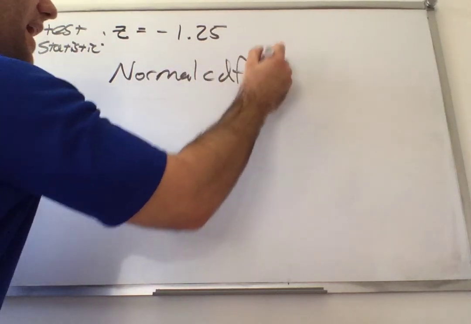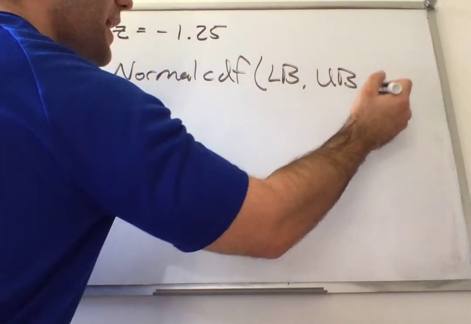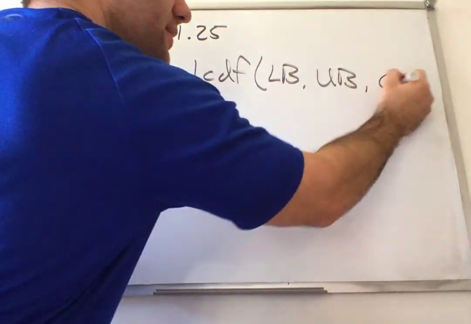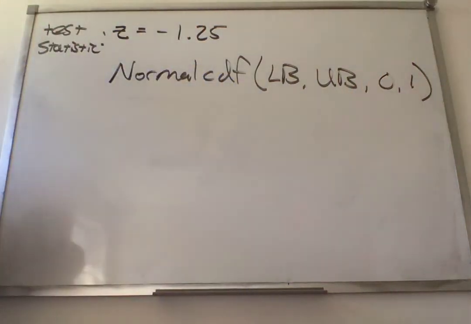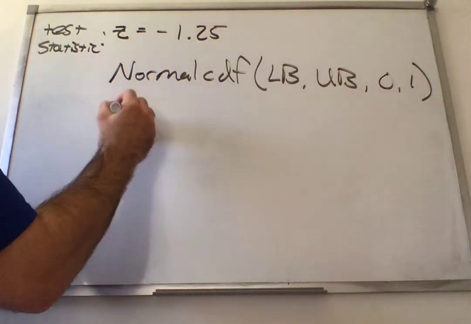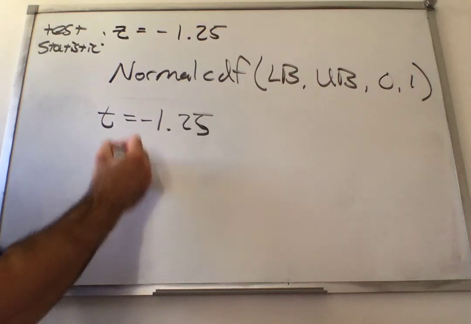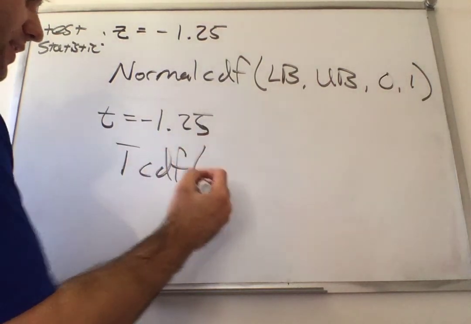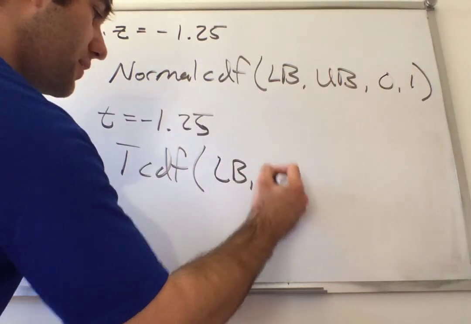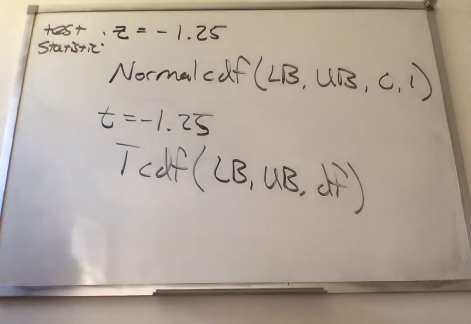So, if they give you a z-score, you're going to use normal CDF, and it's the lower bound, upper bound, and then, since we're dealing with z-scores, 0, 1. Now, if they give you a t-score, like if this was t's negative 1.25, you would have to use t-CDF, and I believe it's lower bound, upper bound, and then degrees of freedom.